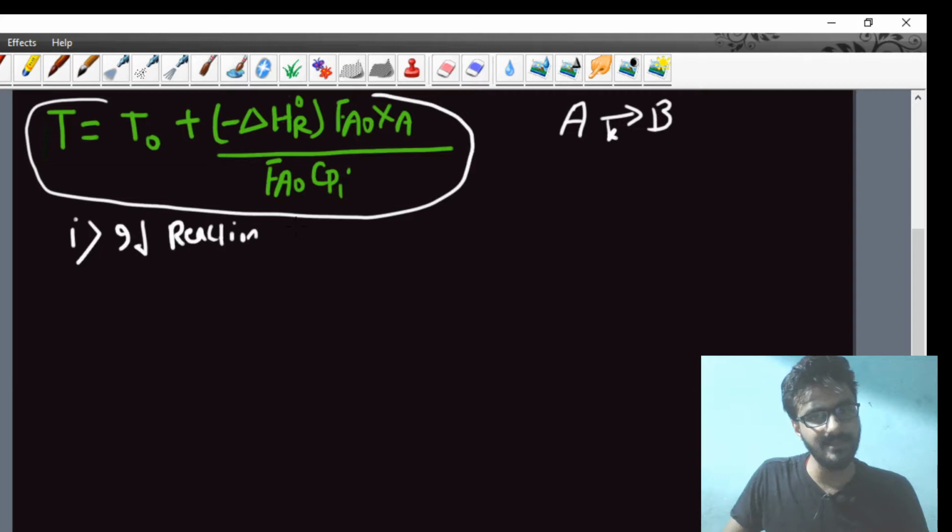Just try to understand how temperature is going to vary with the conversion. That's the major concern here. If the reaction is exothermic, then delta H0 of reaction will always be less than or equal to 0. And if this is negative, and here there is another negative term, negative becomes positive.